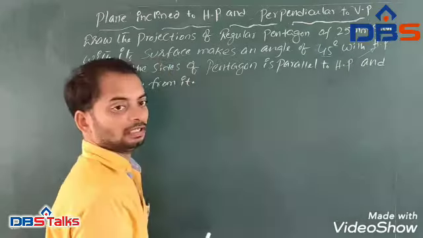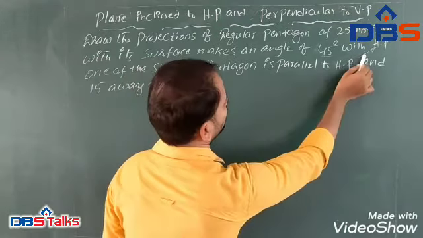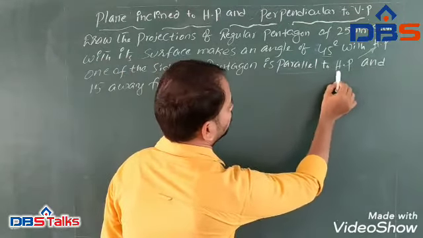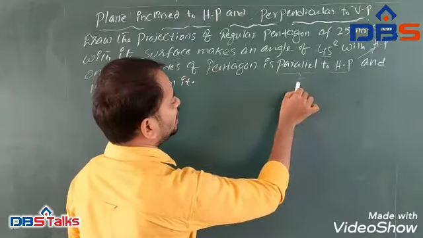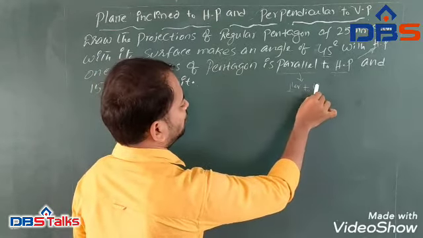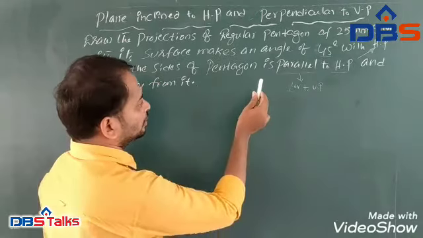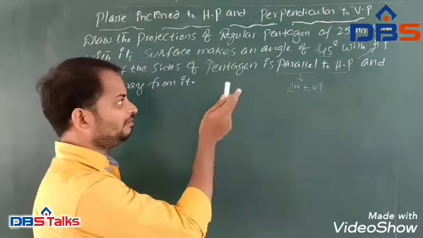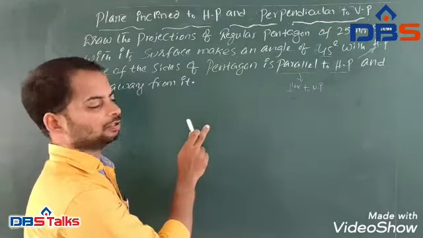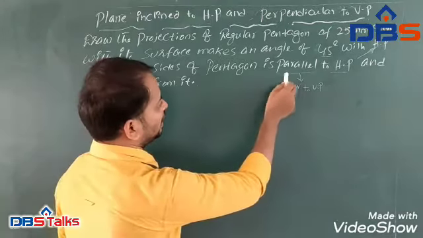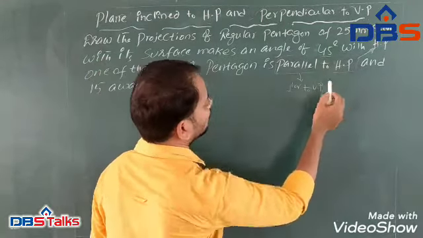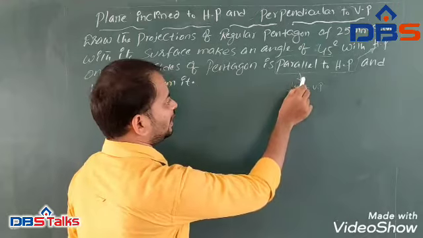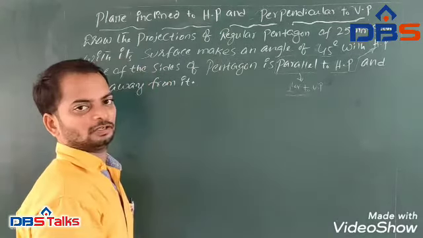Don't worry about the side being parallel. Being parallel to HP is indirectly perpendicular to VP. In the problem itself they say parallel to HP, which indirectly represents perpendicular to VP.